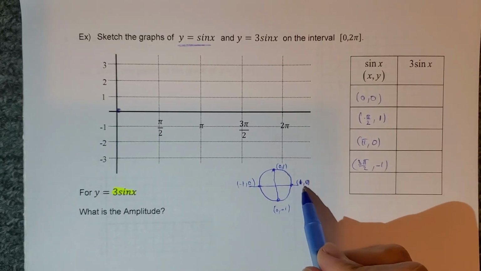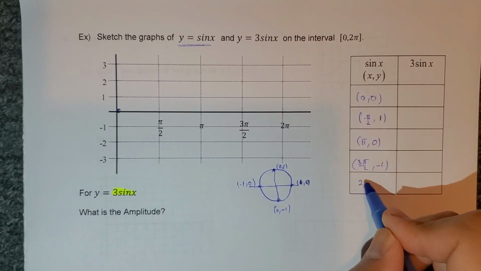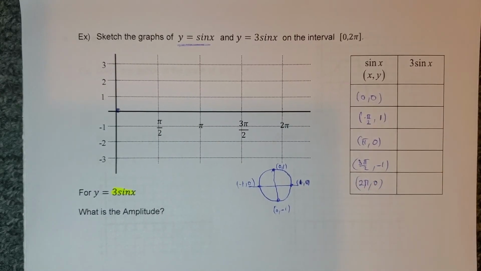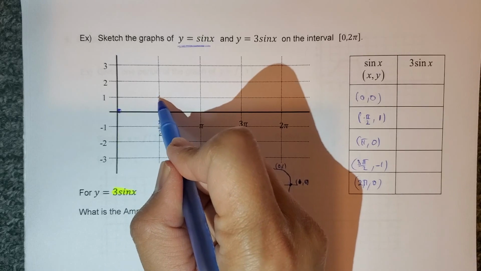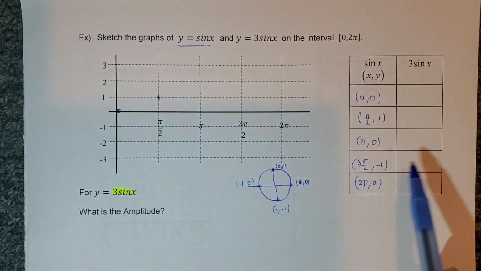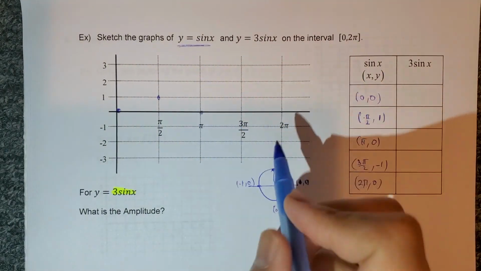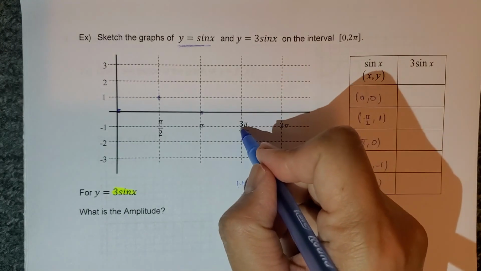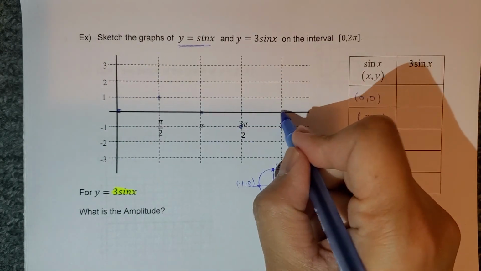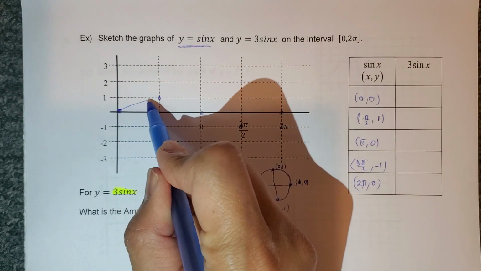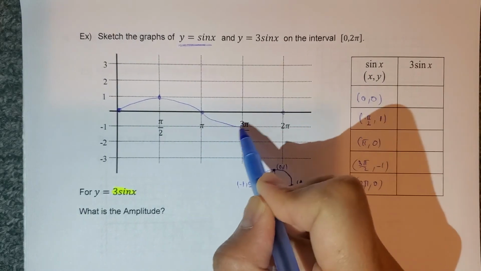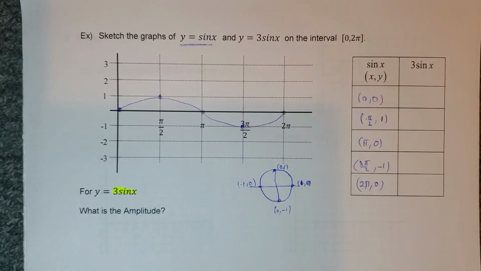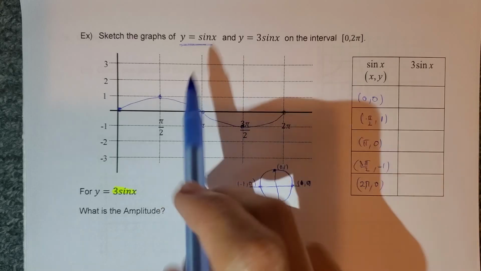And at 2 pi, your sine should be 0. So let's plot that: 0, 0; at pi over 2, 1; at pi, 0; at 3 pi over 2, negative 1; and at 2 pi, we're back to 0. This is a little like a parabola, a little bit flat here. That's how y equal to sine looks.